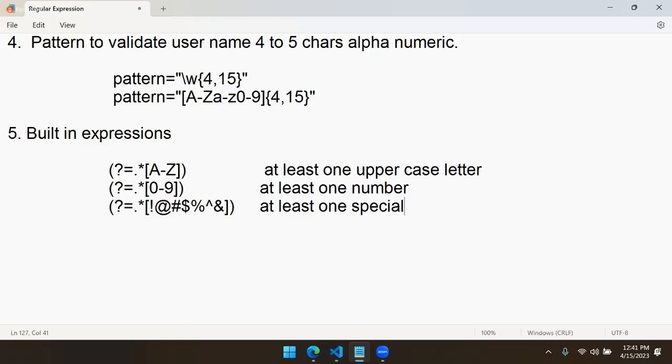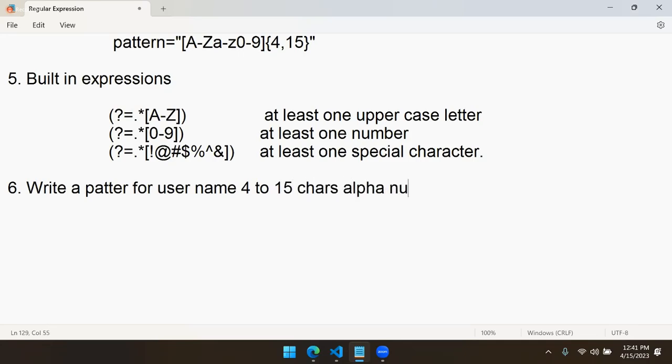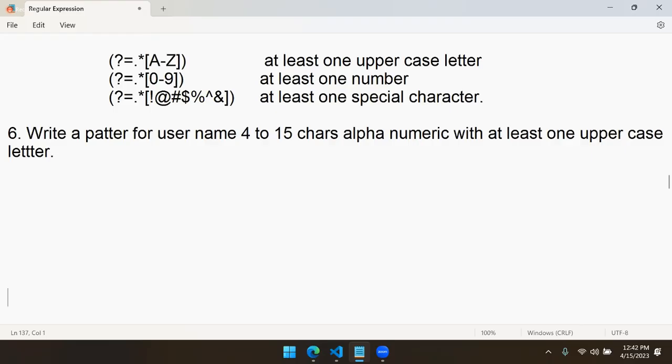These are ready-made expressions. So if anybody asks you to write a pattern for a username, 4 to 15 characters, alphanumeric, with at least one uppercase letter, that means you can write any username, but one uppercase letter is compulsory.